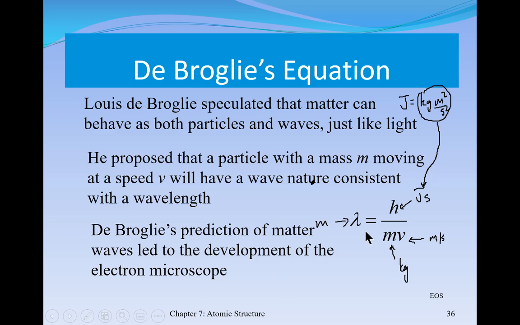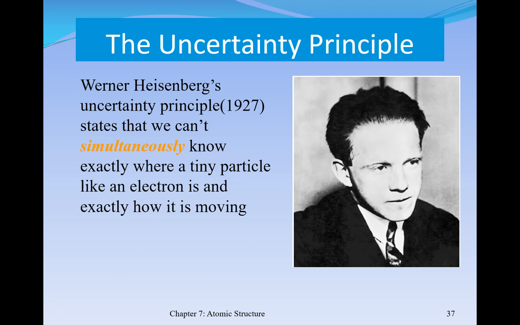In the case of the de Broglie equation, his theory led to the development of the most powerful microscope that exists, and that's the electron microscope, where a stream of electrons is used instead of light in order to reveal smaller particles, bacteria, whatever. All right, so this is an example where science leads to technology, which leads to a very important invention.